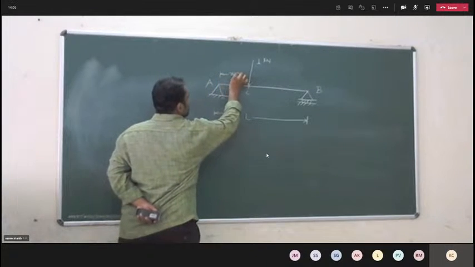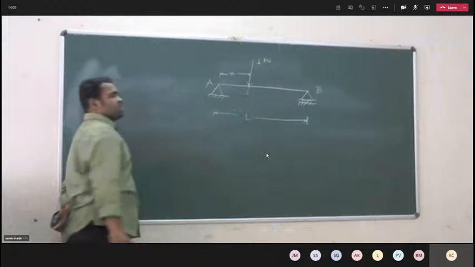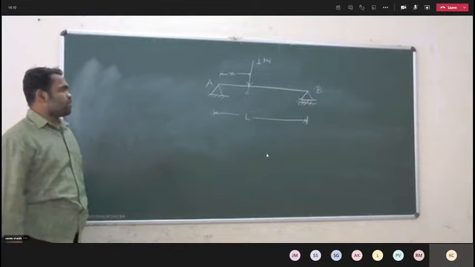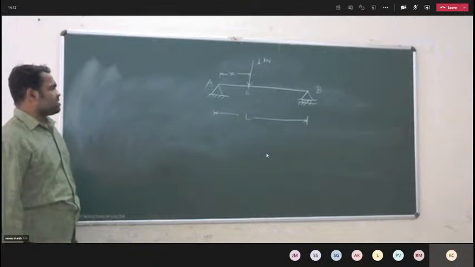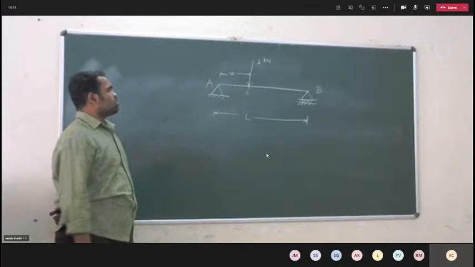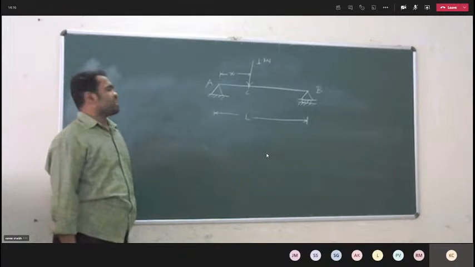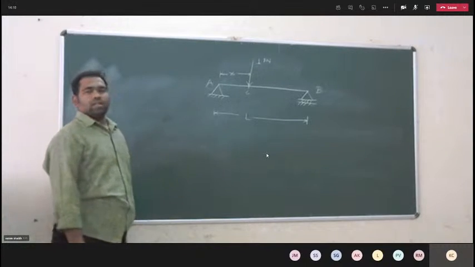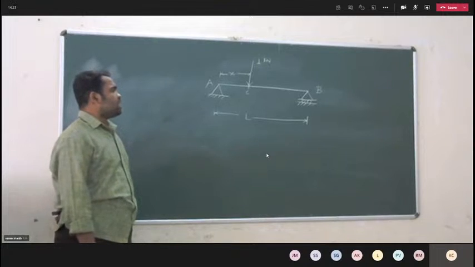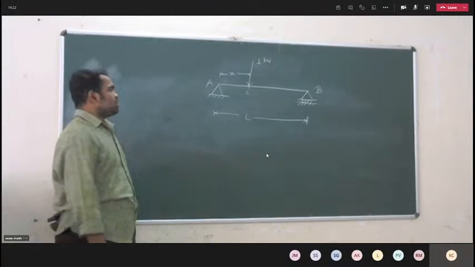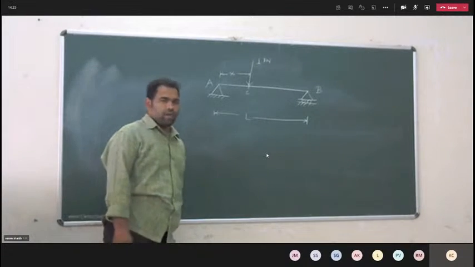As I told in the last lecture, always take the distance x from the left support. Now I first have to find the reactions at A and B. Then I have to draw the ILD for reaction RA, then the ILD for reaction RB.